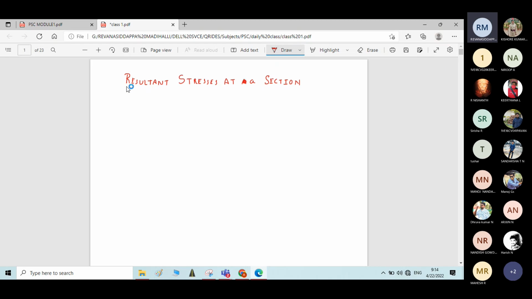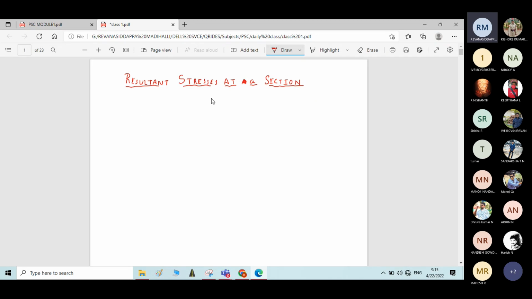Please don't simply listen to the class. Have a separate notebook for this particular subject, and keep writing all the important things that will be discussed in the sessions. Now let us study how to find the resultant stresses of a beam subjected to some external load and subjected to some pre-stresses or pre-stressing force.